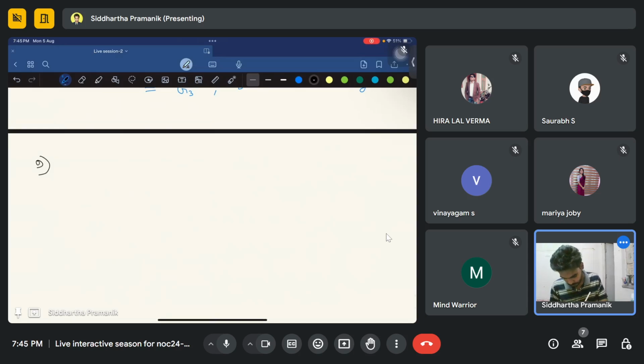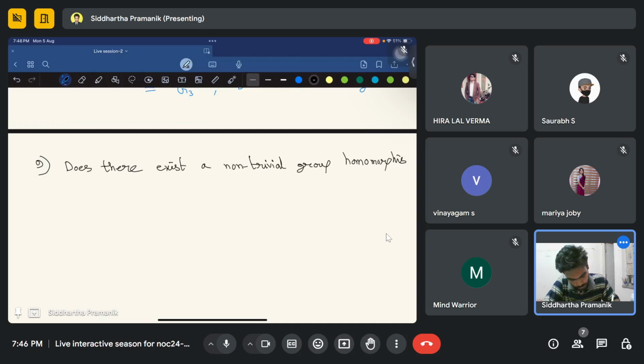So the question is, does there exist a non-trivial group homomorphism from the group of rational numbers under addition to the group of integers under addition?